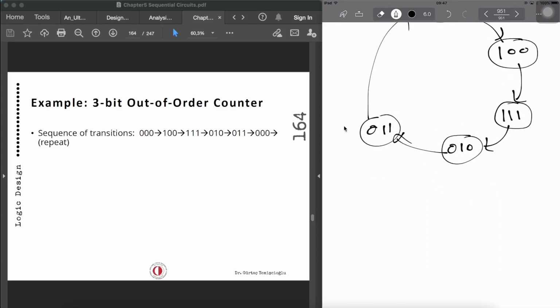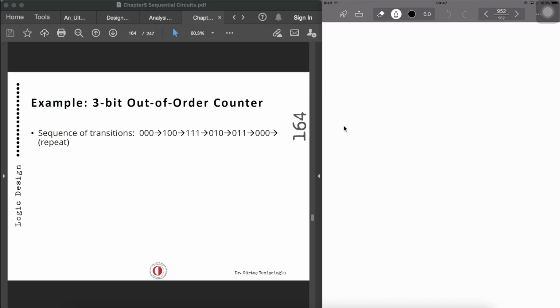Based on this, we have to derive our state table. As we have got 5 states, 5 states means we have to use at least 3 flip-flops in order to cover all possible states. So A, B, C. Again, there are no inputs, no outputs over here.